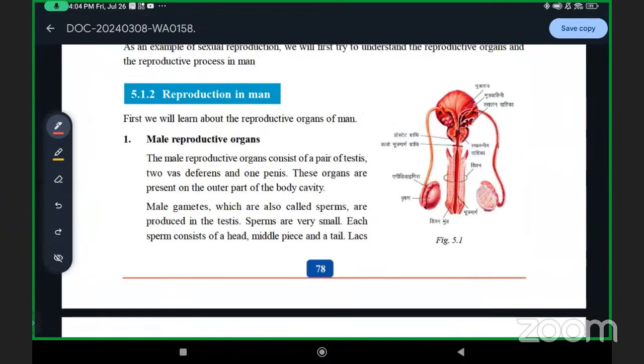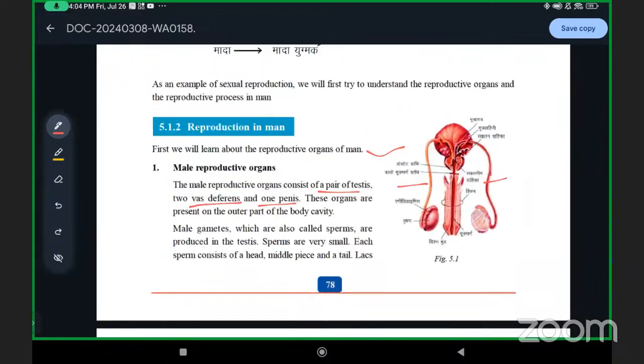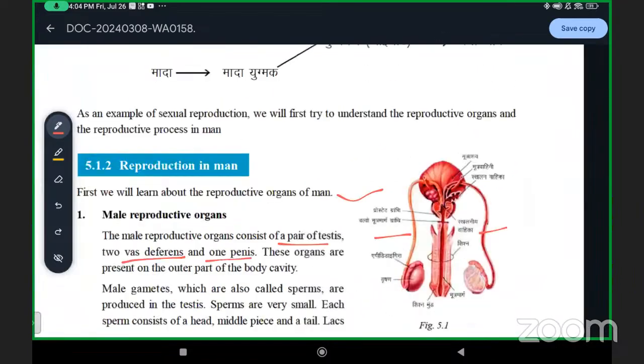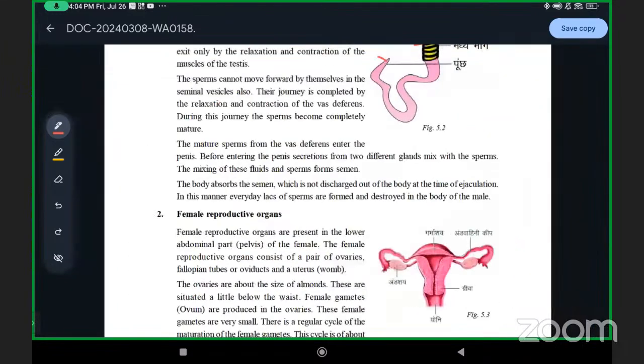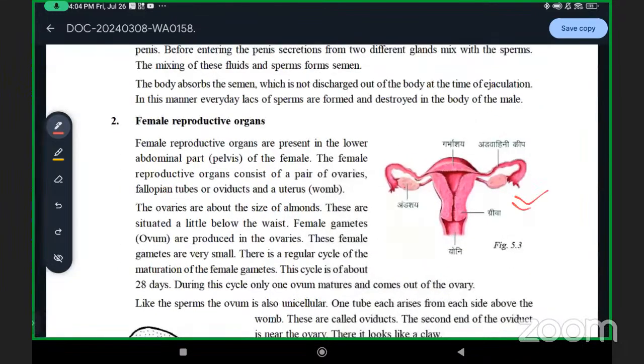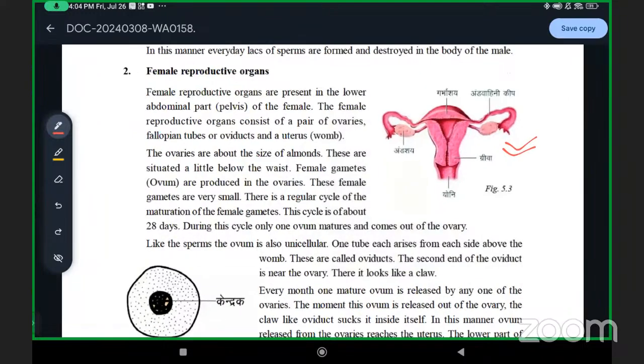We talked about male reproductive organs, which have testis, two vas deferens, and one penis, which is the outer body. This in the males supports reproduction, and this is the female reproductive part, which helps in reproduction in females. We studied this in the last class.